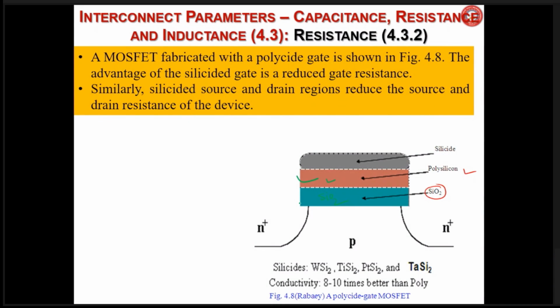SiO2 is basically a glass kind of material. So some material should be used which has the adhesion quality. And then this is, say, tantalum TaSi. This will be a very good conductor, at least 8 times more than polysilicon. Other things can also be used, like titanium silicide, tungsten, and platinum silicide.